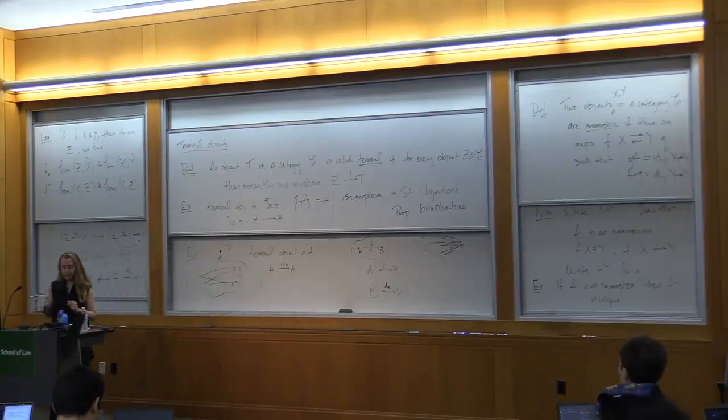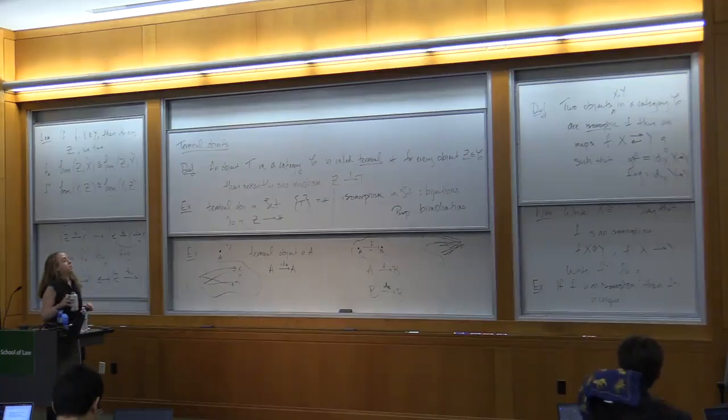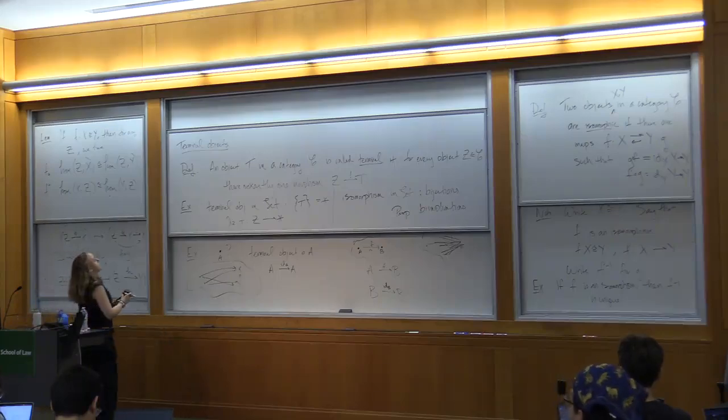Okay, so now I want to show that terminal objects are unique up to isomorphism. So that's what I want to do.